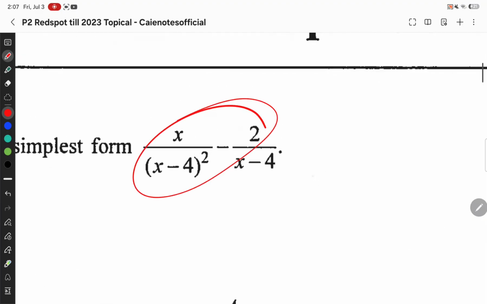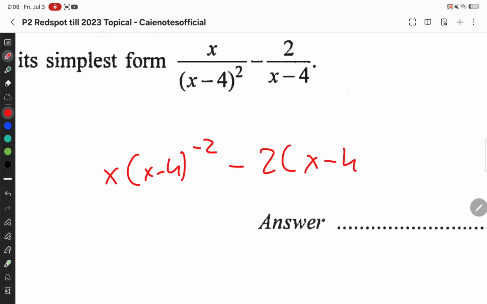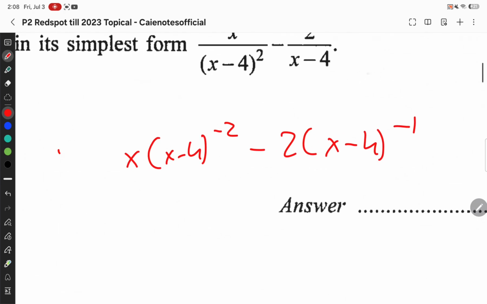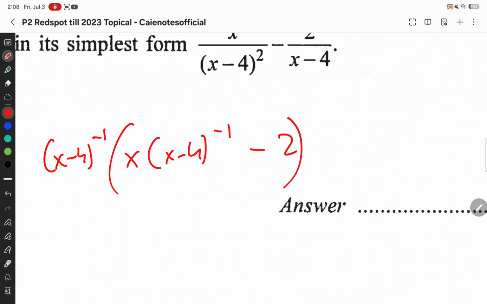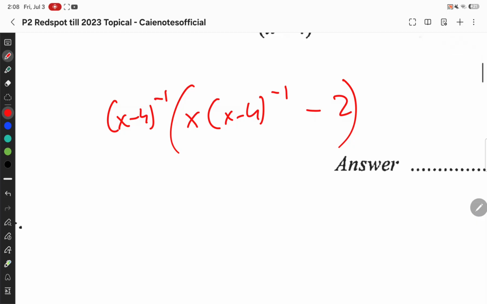Here we see that we cannot subtract these two quantities because of the division. If we put this factor on the top, x minus 4 to the negative 2 minus 2 times x minus 4 to the negative 1, even if we try to group something, these two still are not like terms, because they do not have something in common.